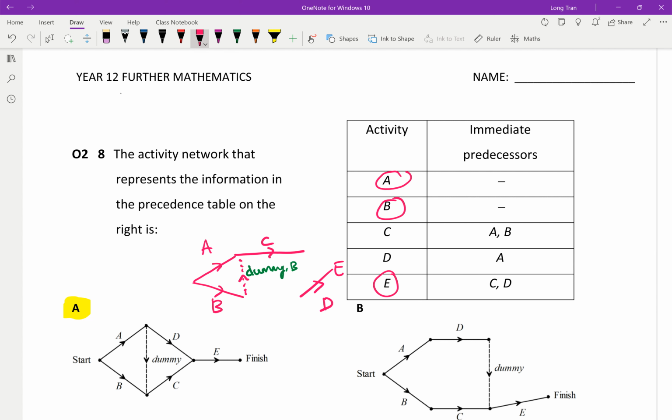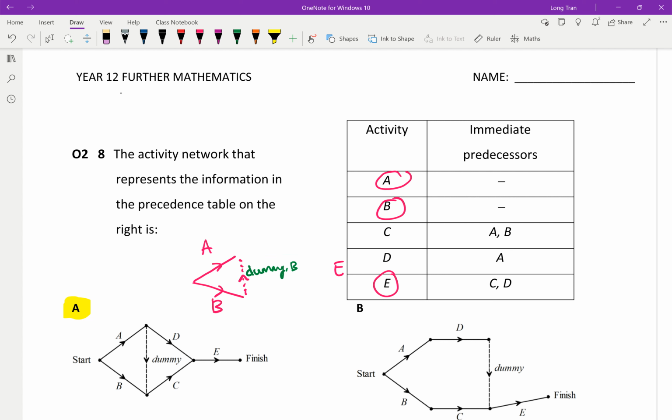And then notice D comes from A. Oh, that's interesting. So D has a precedence of A. So yeah, I probably would have to reorganize this because then you'd have two dummies connecting, so that doesn't work.